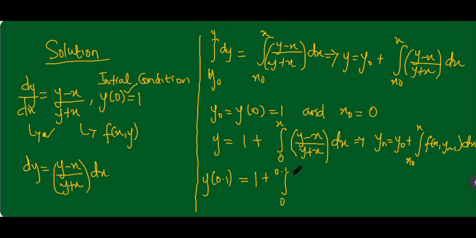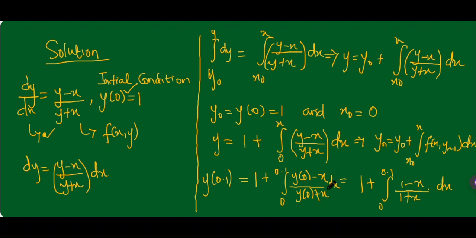So y at x is equal to 0 minus x divided by y at x is equal to 0 plus x. So we have this as 1 plus the integral from 0 to 0.1 of the function, y at 0 is equal to 1, so we have 1 minus x divided by 1 plus x with respect to x.